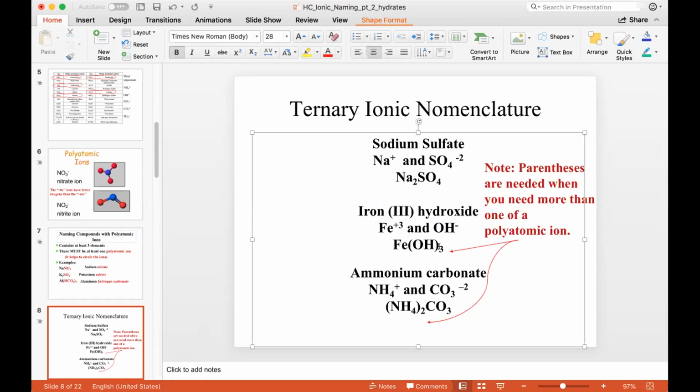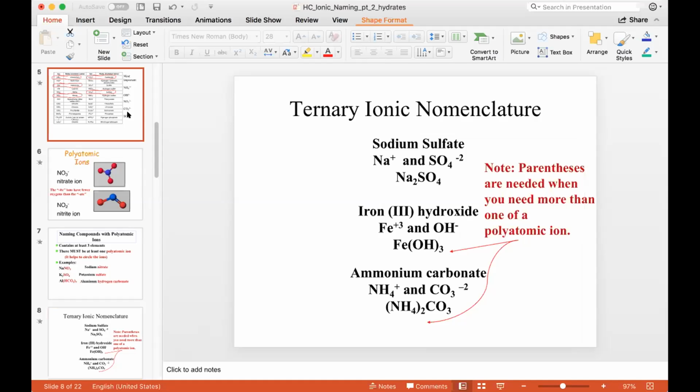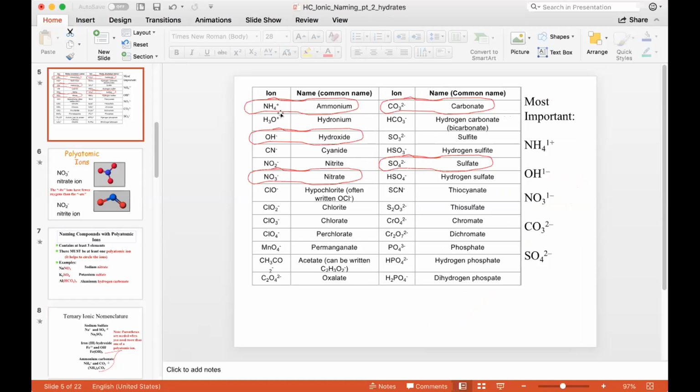In the example of ammonium carbonate, both ammonium and carbonate are polyatomic ions. On this polyatomic ion chart, there are really only 2 polyatomic cations, ammonium and hydronium. Everything else on this chart happens to be an anion. You see they all have charges of minus from hydroxide down the first list, and on the second list they're all negative.